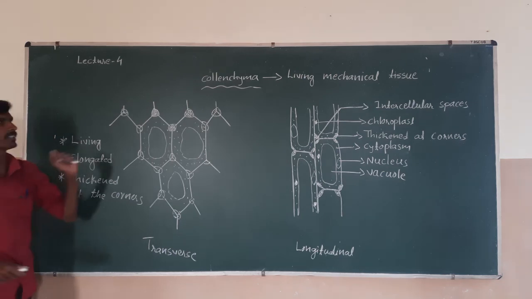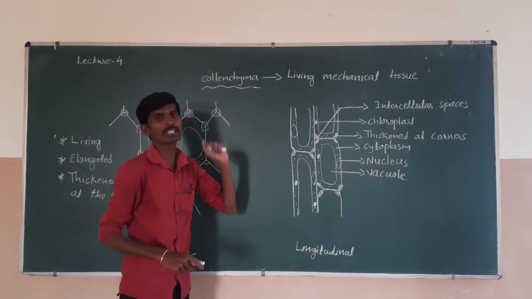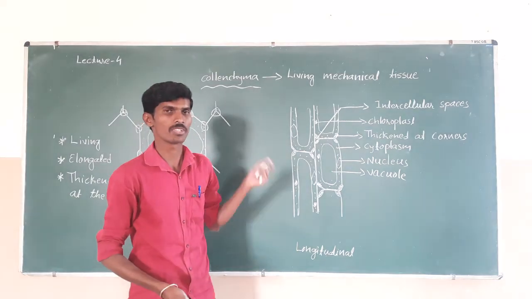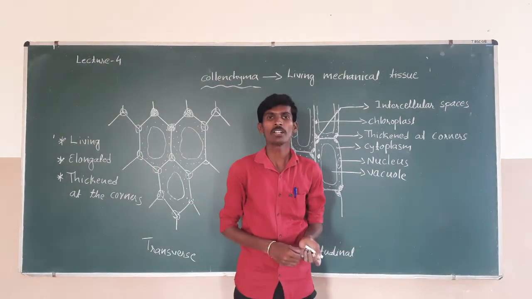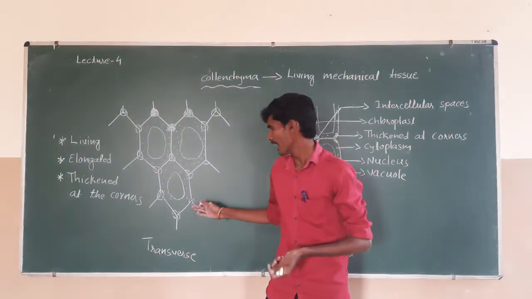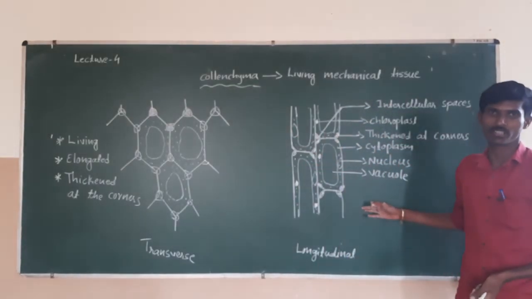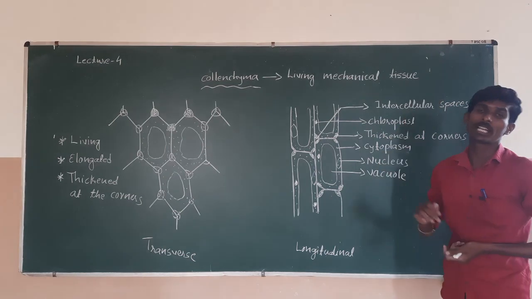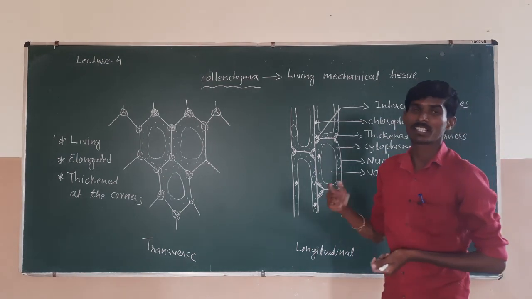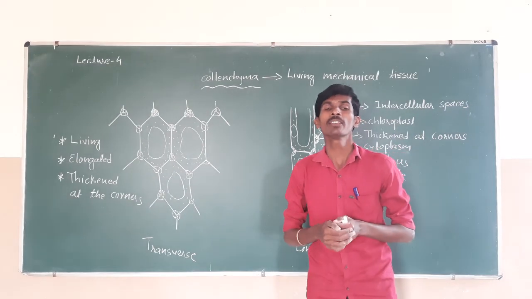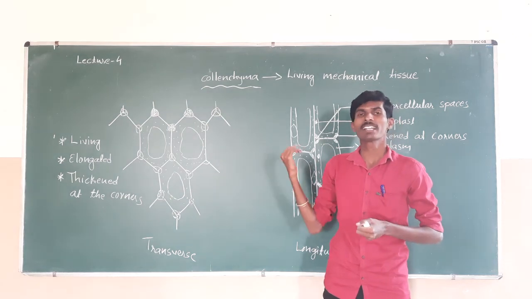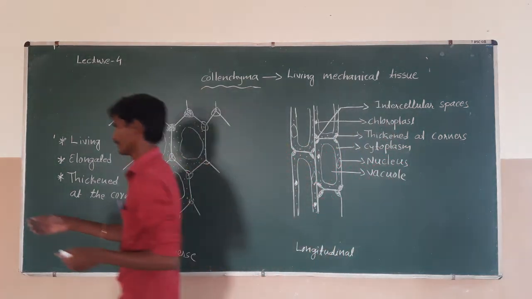It is also called a living mechanical tissue. It supports the plant. This is the transverse section, and this is the longitudinal section. That completes the collenchyma.